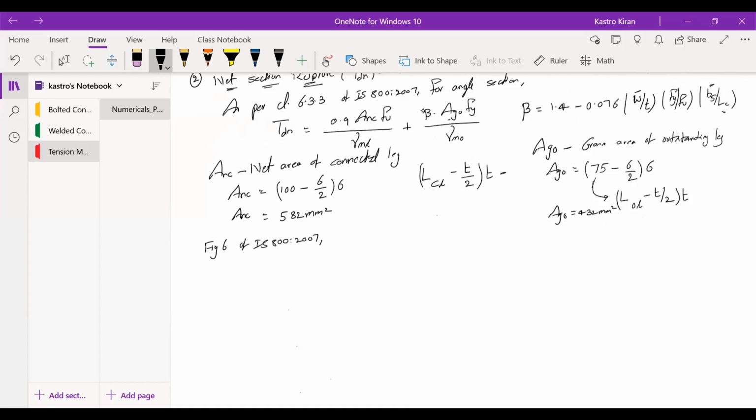One angular section talks about the bolted connection, that is the angle section is there in this way, which is connected to the gusset plate. So this represents the bolted connection. And you have another angle section which is provided in this way, and this is for welded.